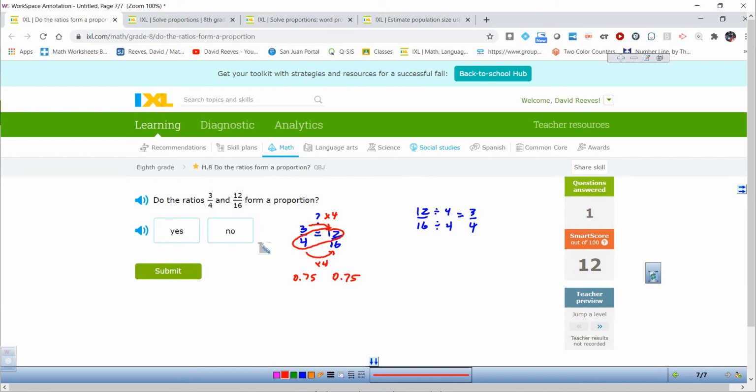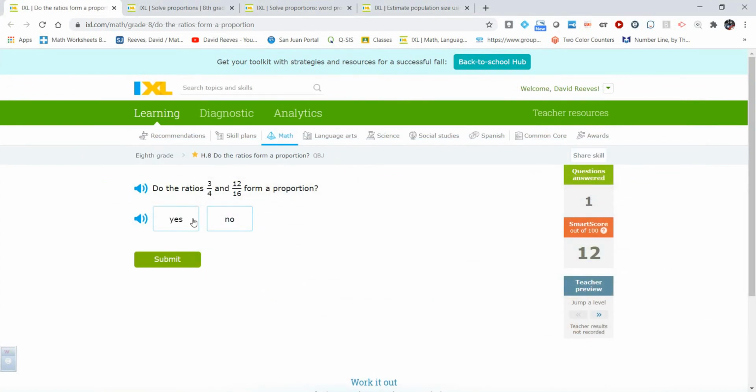If I did this one, right, this is 4 times 12, which is 48. And this one right here, what do we have? 3 times 16, which is also 48. And since 48 is equal to 48, the cross product check proves that this is a proportion.